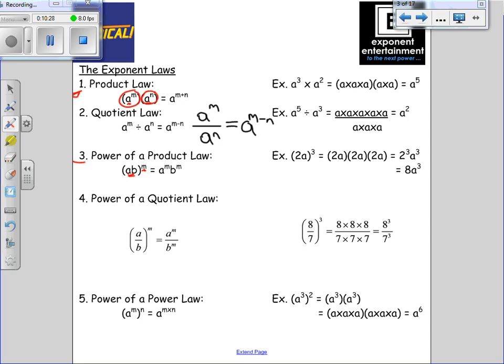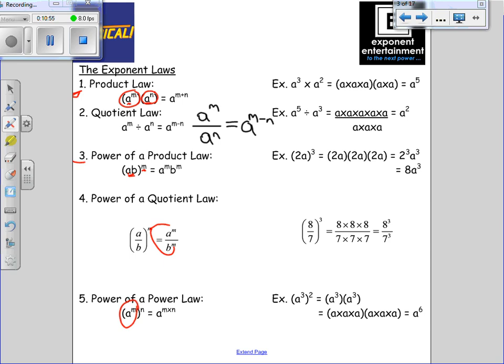The m goes there, the m goes there. It applies to both the a and the b. We've used that before. That's what got us through our last unit. Power of a power law. Now you have a power, and it's to the power of something. You multiply the exponents.